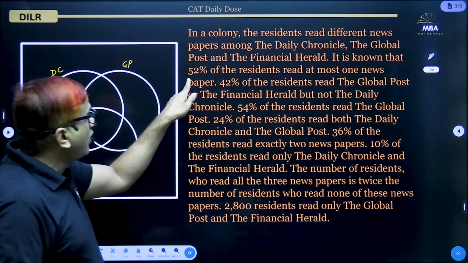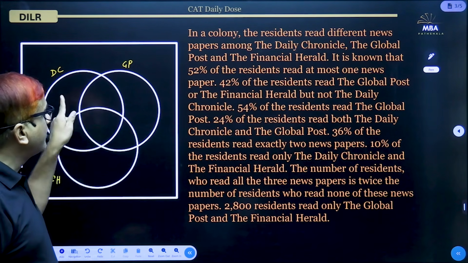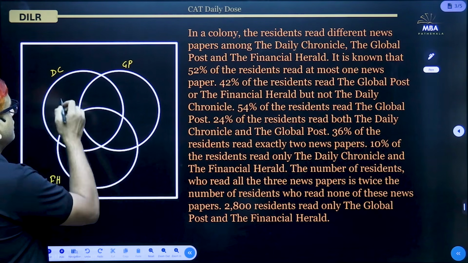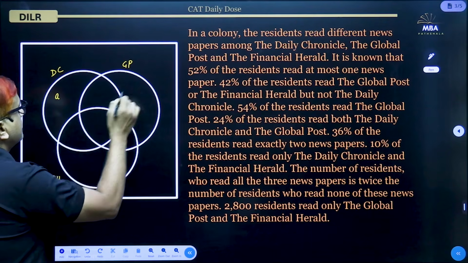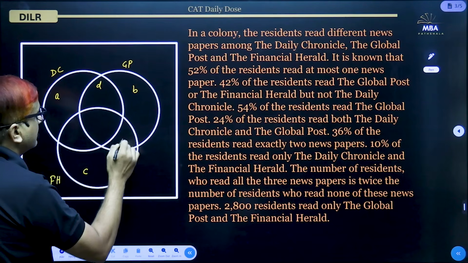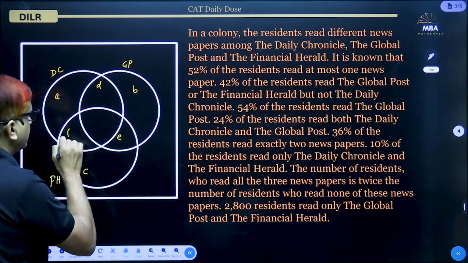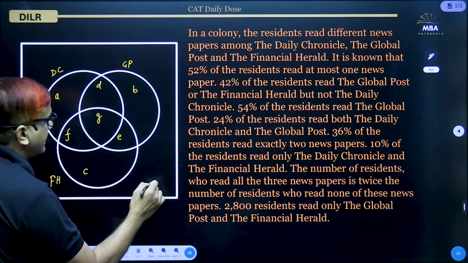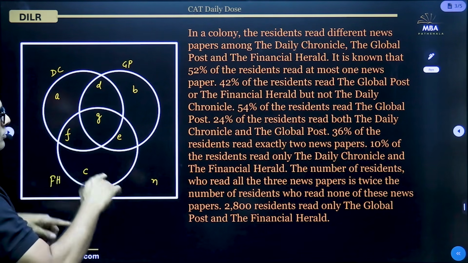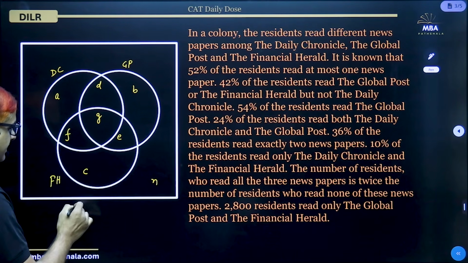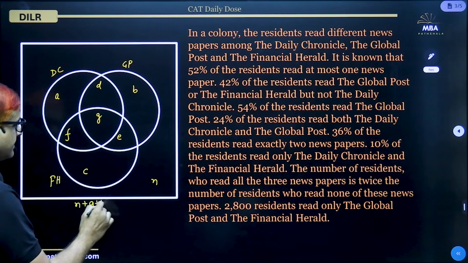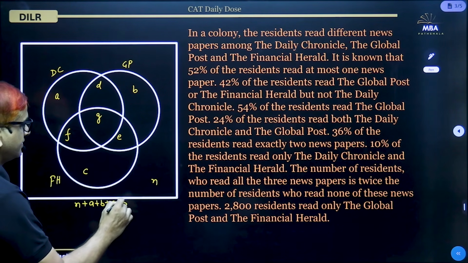As it is not giving us the value of any one particular area but the sum of areas, we have to put variables first. So let us say this is A, this is B, this is C, this is D, E, F, let's say this is G, and this is N. So here the first equation says that at most one, that will include none plus exactly one, N plus A plus B plus C, is given as 52%.